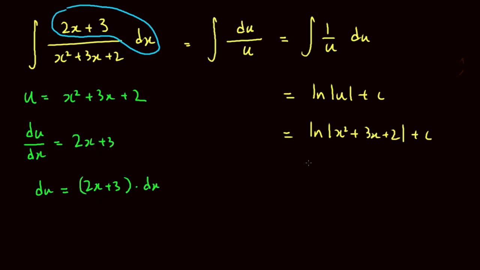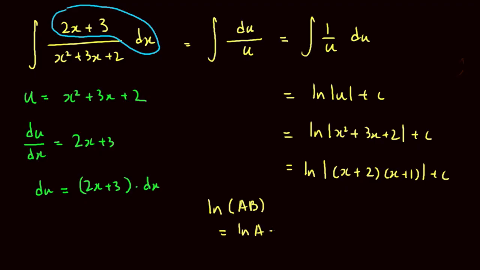So here's the interesting thing also: if you want to make your results look a bit nicer, especially for logarithms, you could factorize it. So it'll be ln modulus of (x plus 2)(x plus 1) plus c. If you remember, ln of ab is just ln a plus ln b.